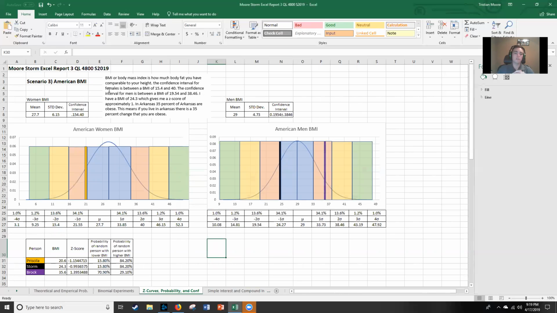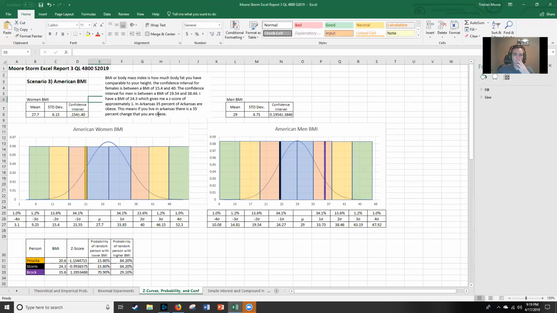The confidence interval for females in relation to BMI is here. 15.4 plus or minus 40. And it looks like when I copied, I actually cut instead of copied. So we'll copy here. We'll put it back in there. All right.